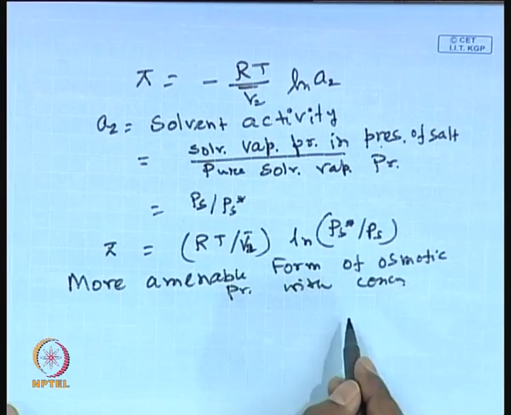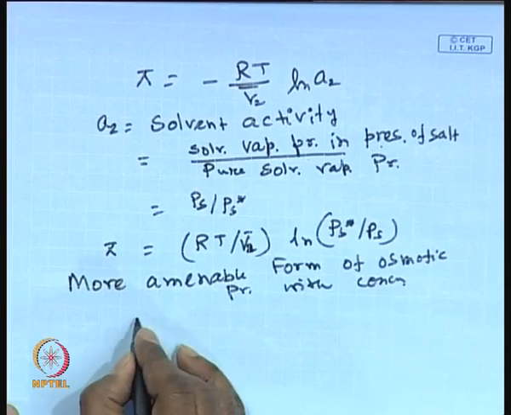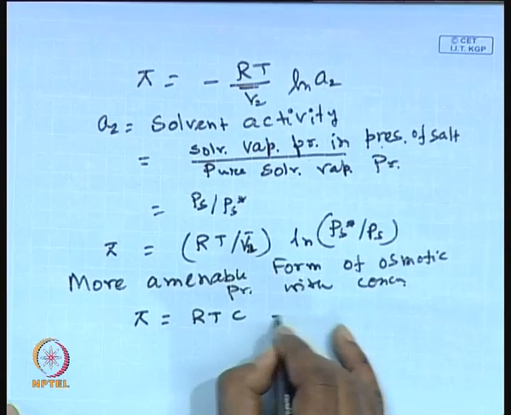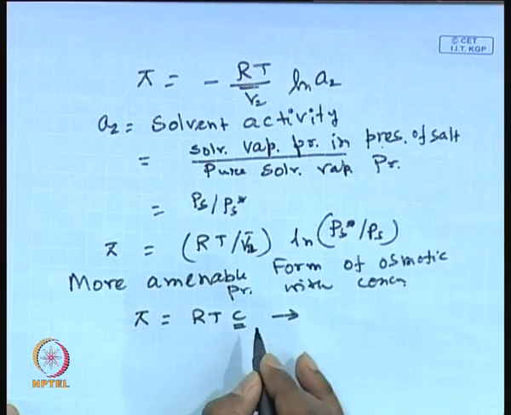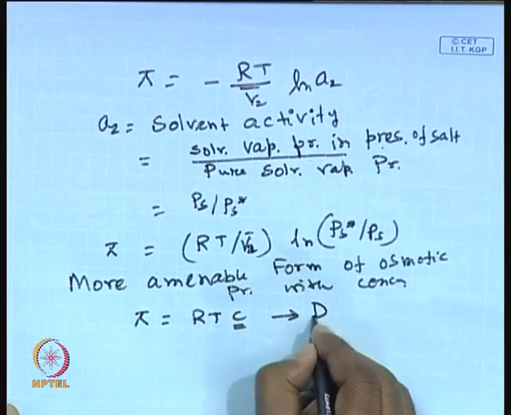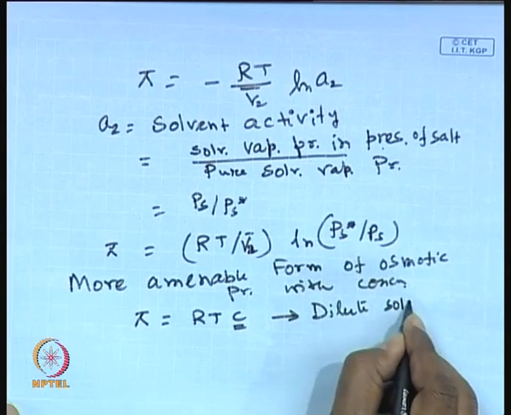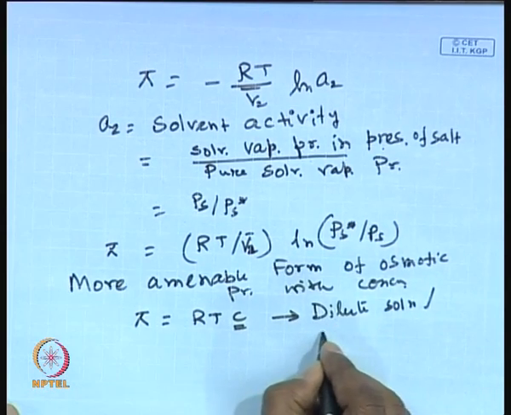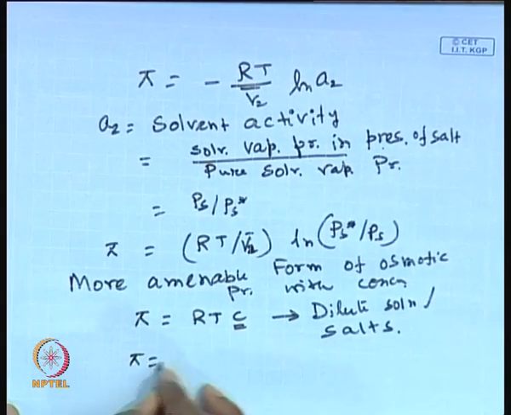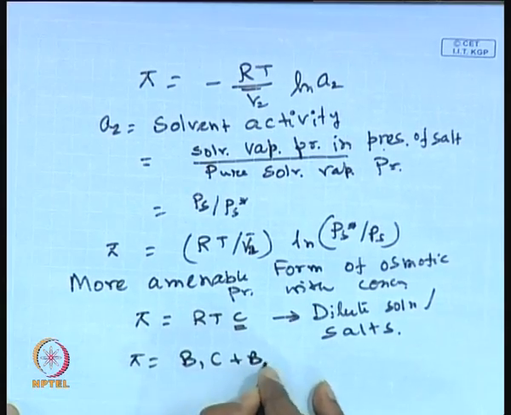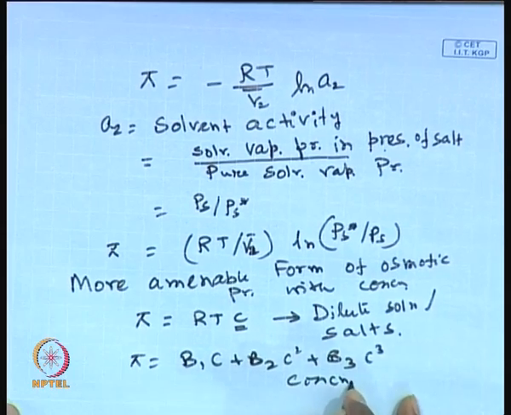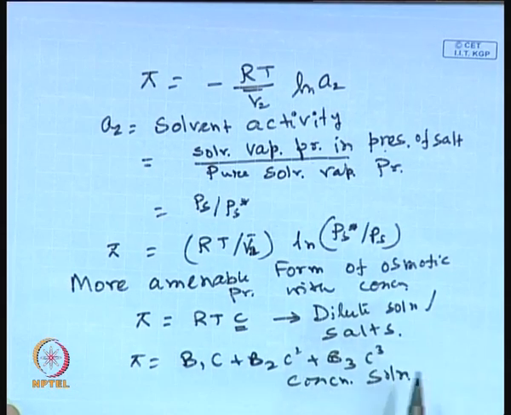So, directly there are some amenable forms of osmotic pressure with concentration given: pi is equal to RTC, where C is the molar concentration, for dilute solutions or for salts, and pi becomes B1C plus B2C square plus B3C cube for concentrated solutions of proteins, and so on and so forth.